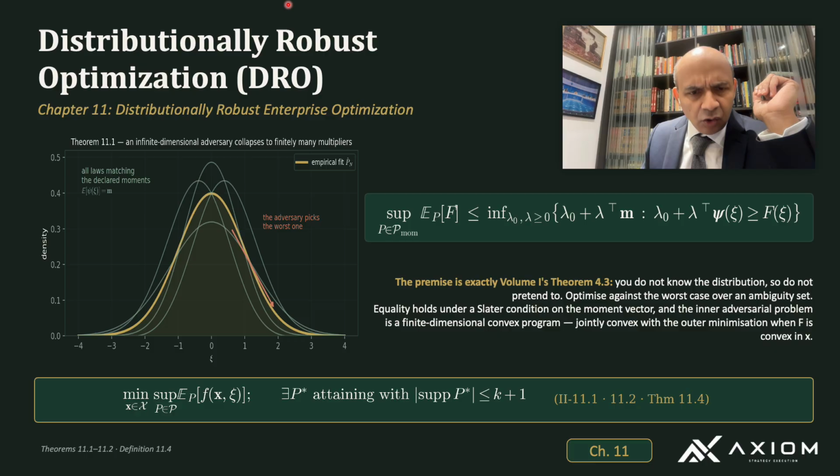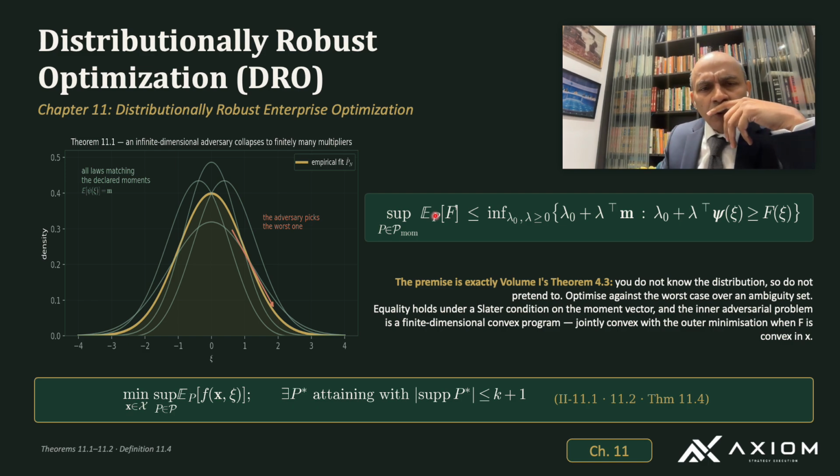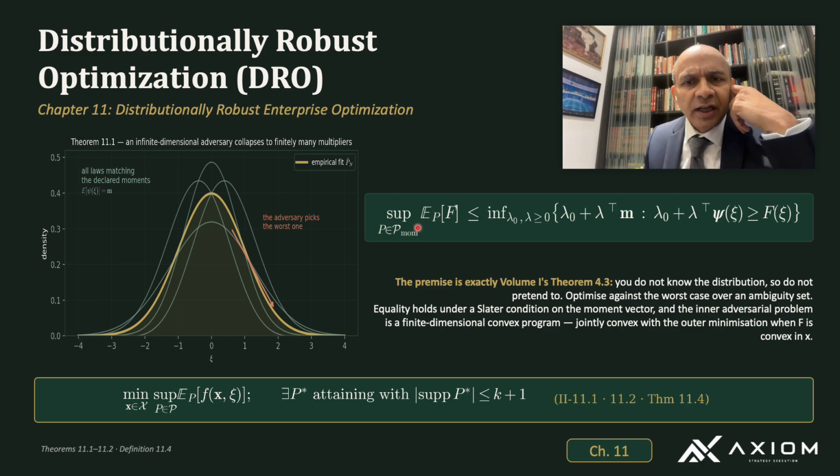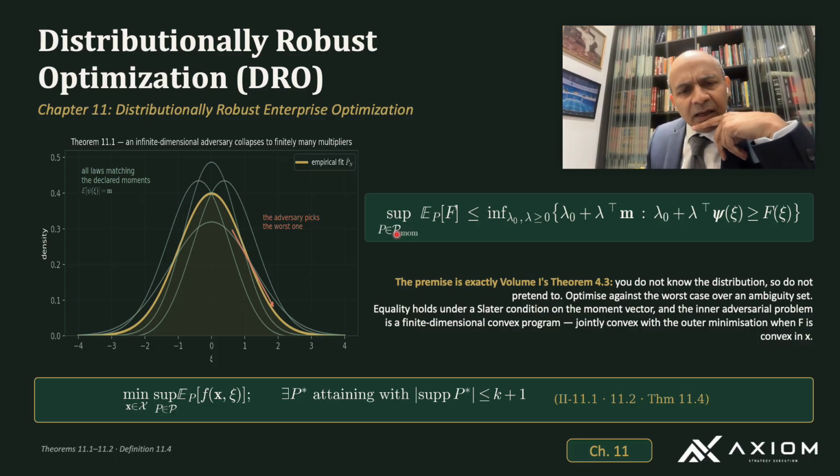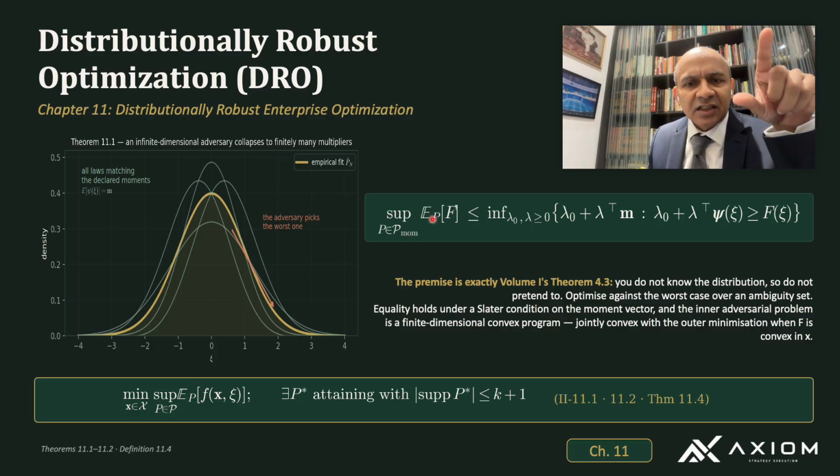Now we want to look at this equation on the right. This is the dual upper bound for a moment-constrained, distributionally robust optimization problem. P is a candidate probability distribution for the uncertain variable zeta. P sub MOM is the ambiguity set of all distributions satisfying the declared moment restrictions.